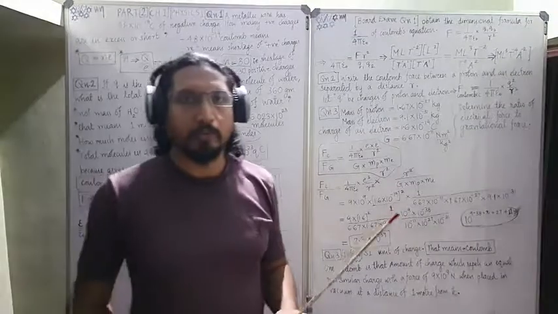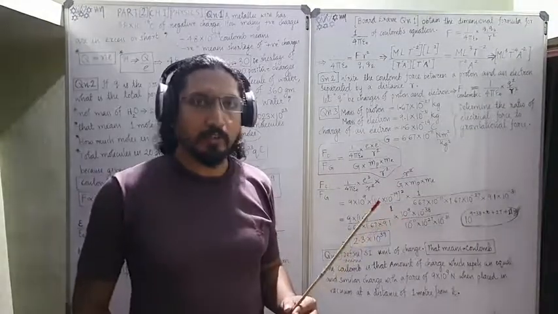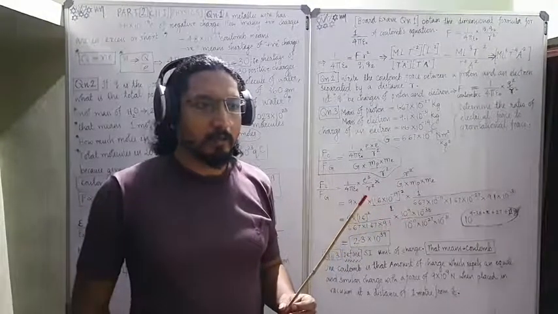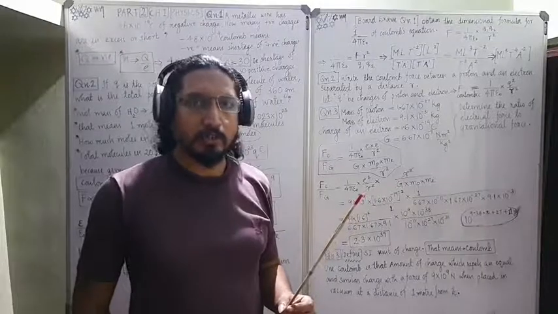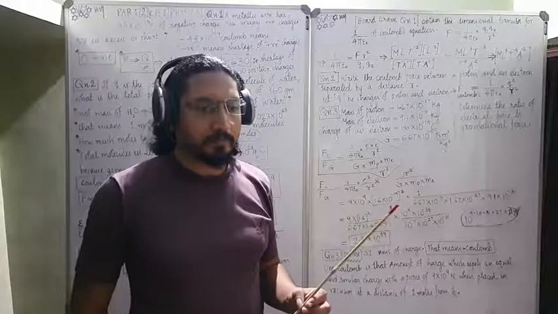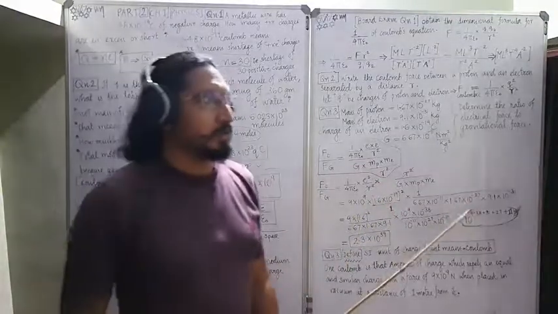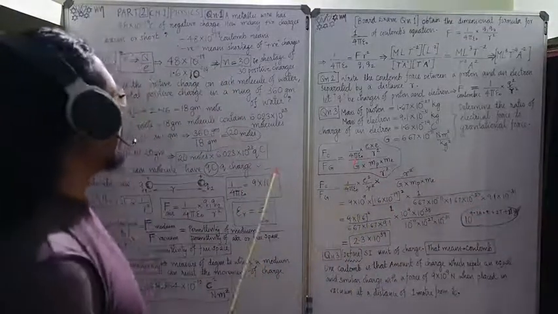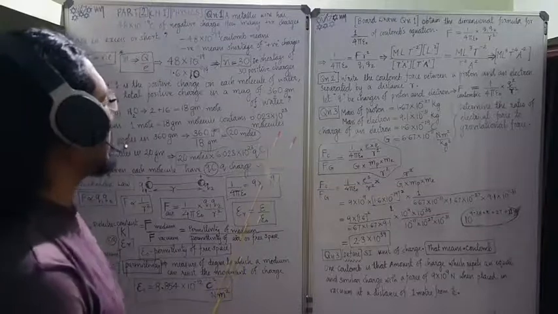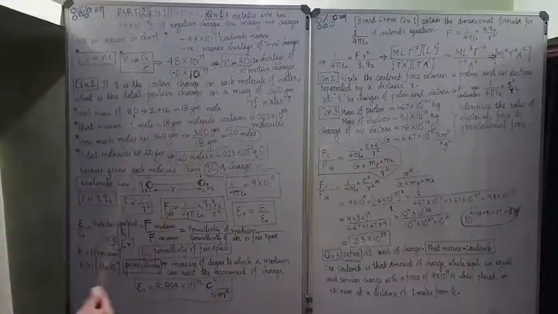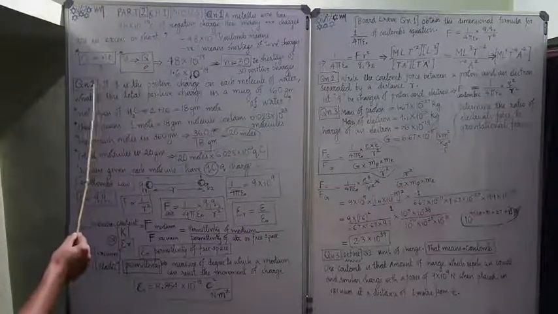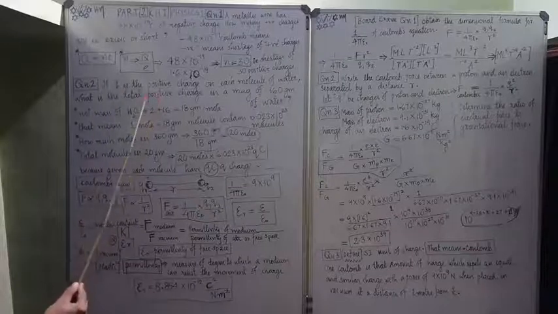This is the second part of the video I have done on physics class 12, the chapter regarding electric charges. In the second part, we are going to discuss the last part, the quantization of charges and their properties.